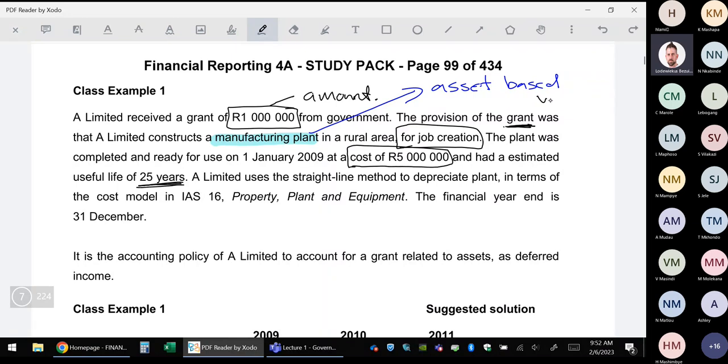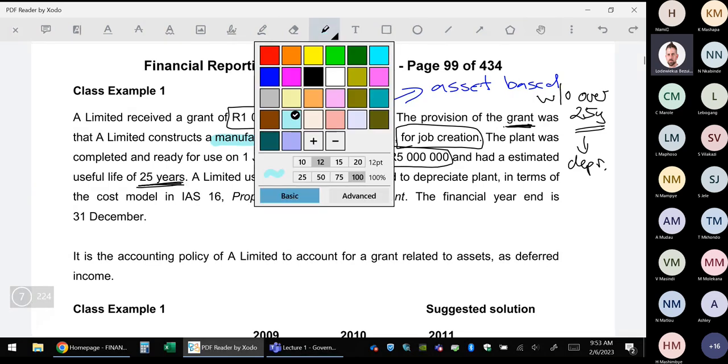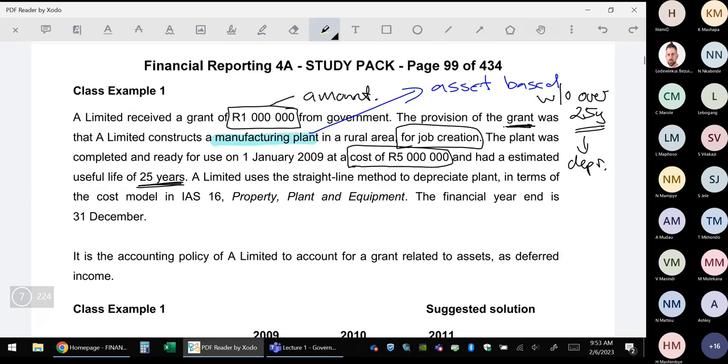So we will write off the plant over the useful life of 25 years. So that is what we use for depreciation. Straight line method in terms of PPE, and it is the accounting policy of the company to account for the grant related to assets as deferred income.